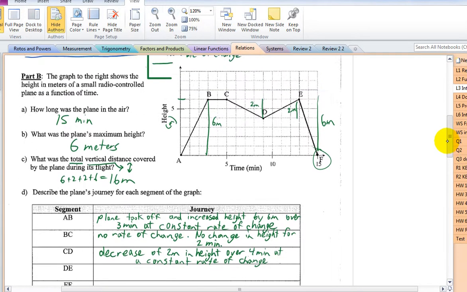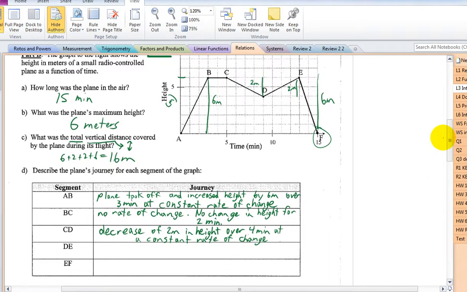Then what? D to E. What happened there? Not a decrease, but an increase in height of 2 meters over how many minutes? 4 minutes at a constant rate of change. Okay.